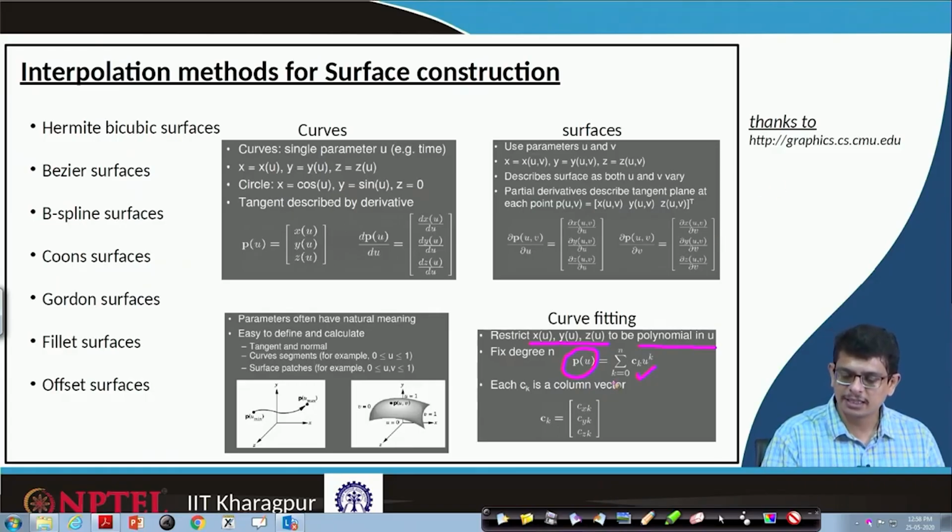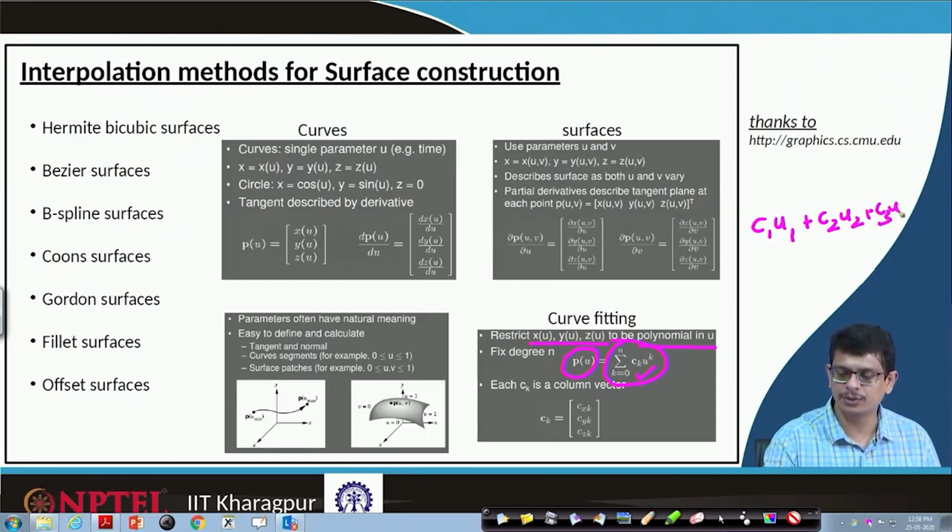It is the summation from k equal to 0 to n, meaning C1 u1 plus C2 u2 plus C3 u3 and so on. As many data points as you have, that many terms.